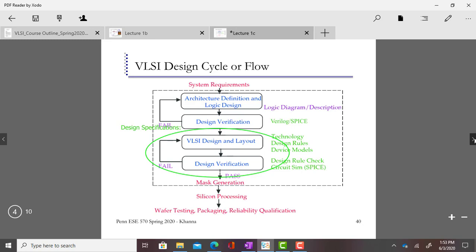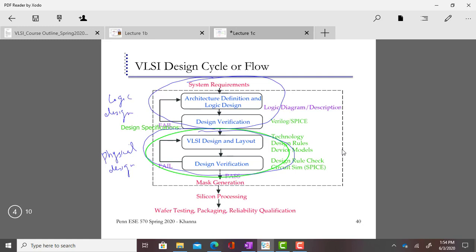Then the next is design specification, which is these two parts. This is sometimes called the physical design. These two are sometimes called logic design.